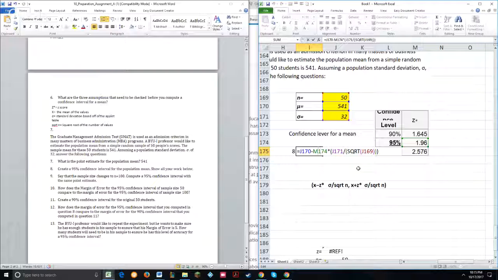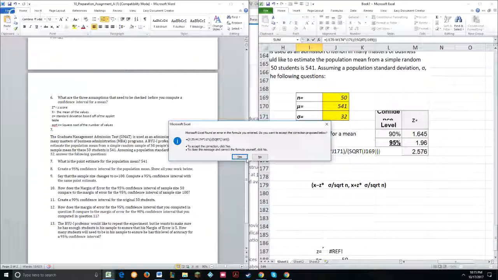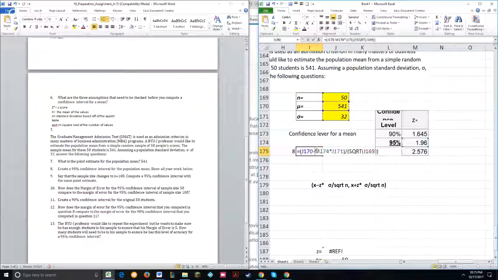That gets you really close. I don't know. I don't use Excel that often. Well, times is supposed to go first. So I'm pretty sure that this is supposed to be like that. No, because you need the square root divided by the other one and then multiplying it by the other.